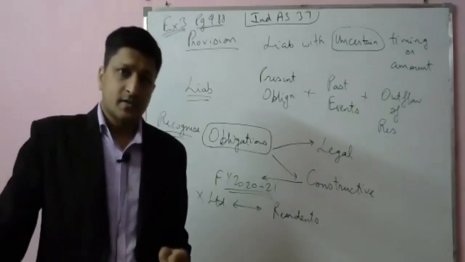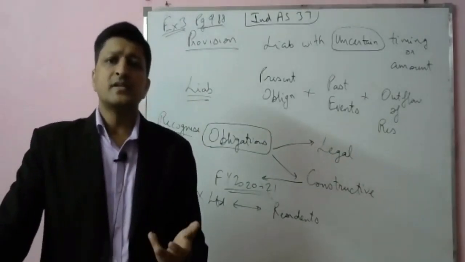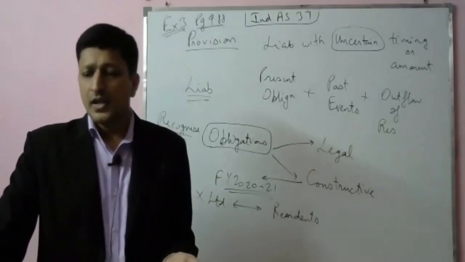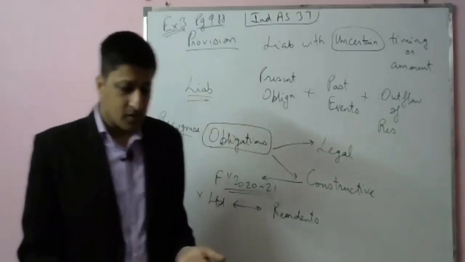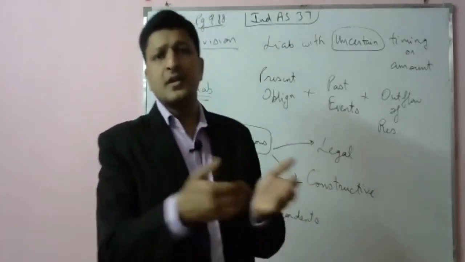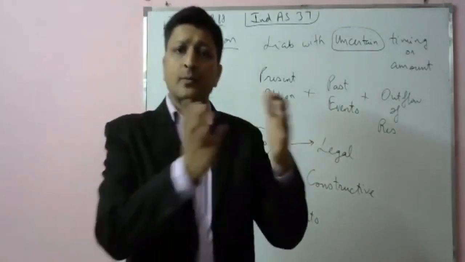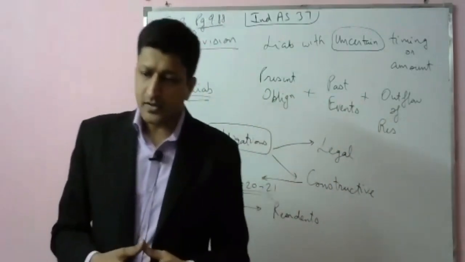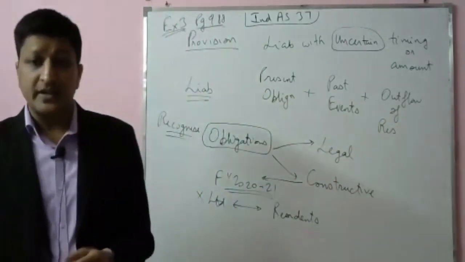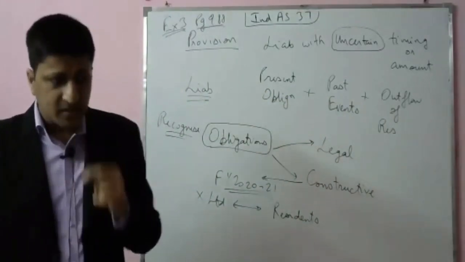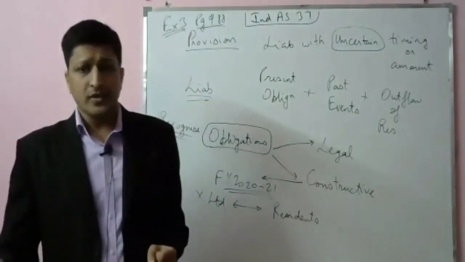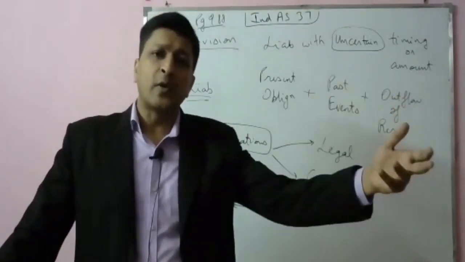Trade payables. Trade payables means, for example, sundry creditors. What are sundry creditors? Let's suppose we have purchased certain goods, and we are required to make the payment to the vendors. So there's a liability towards vendors, which is nothing but a trade payable. Or let's suppose we have obtained services of the employees to whom payments are required to be made.